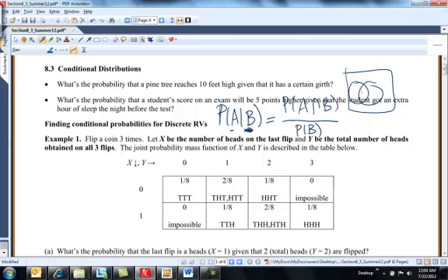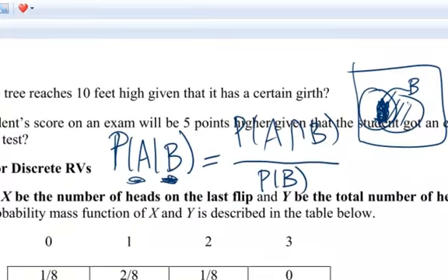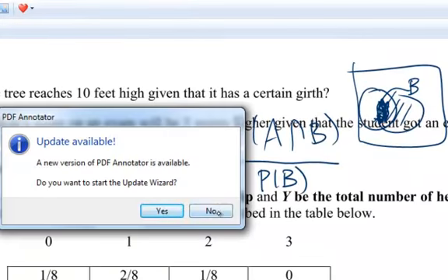So given that we're sitting in, imagine this is B, what's the probability A occurs? The only way A can occur is in the intersection here. So it's really just a ratio of A and B occurring over B having occurred.